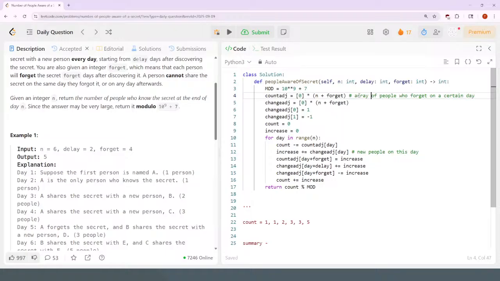Actually, maybe I should just call this forget. Count is going to be subtracted by how many people are forgetting on that day, and this is just forgetting. Okay, so my starting value shouldn't be really affecting that, I don't think.